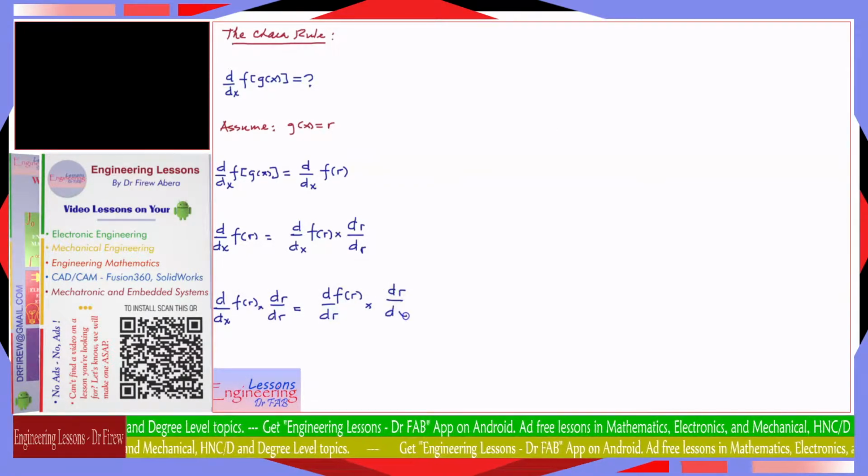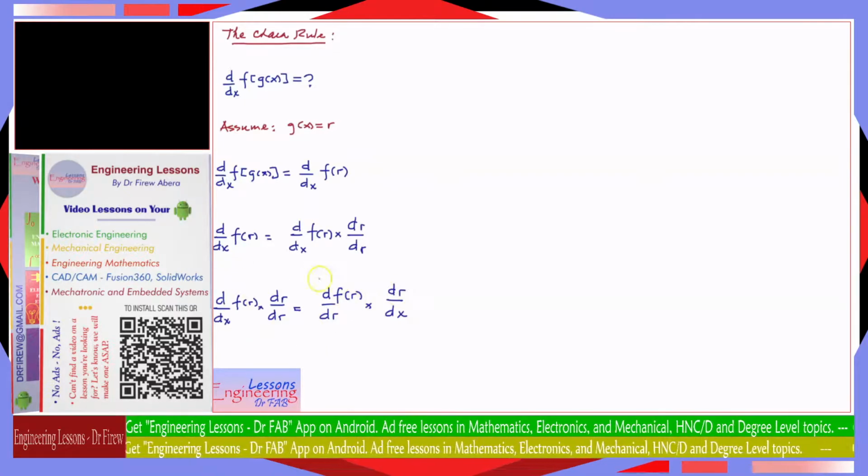We can do that because we just multiply dr by dx, d by dx of f of r. So we just change it, right? There's no change in the position of this. Both of them are divisors, so it's possible to change their original positions without altering the meaning of the original expression.